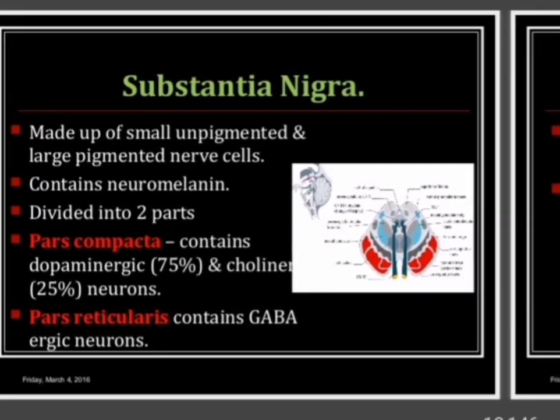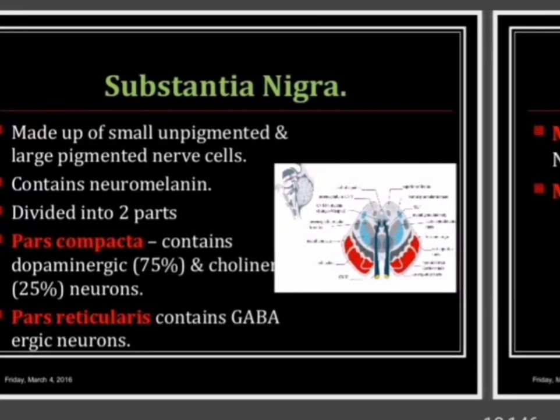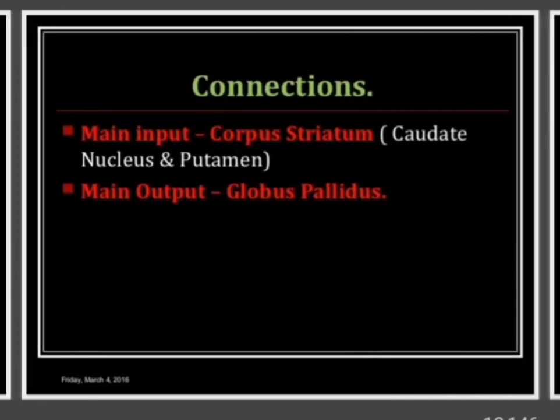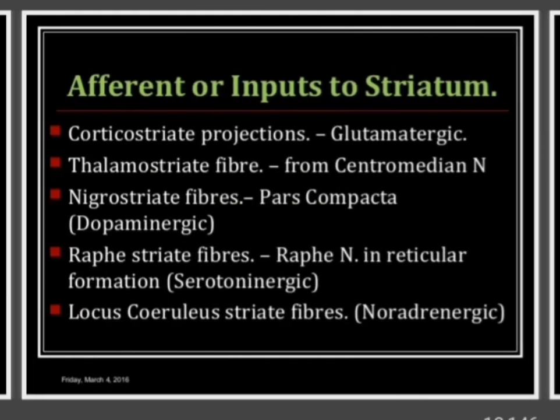Pars reticularis contains GABAergic neurons, gamma aminobutyric acid. Connections: the main input is to the corpus striatum, caudate nucleus and putamen. The main output is the globus pallidus. All the inputs come to the corpus striatum, caudate nucleus and putamen, and the outputs go by the globus pallidus.